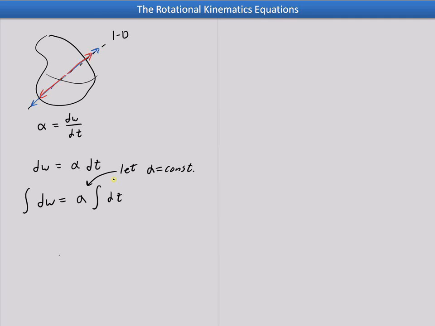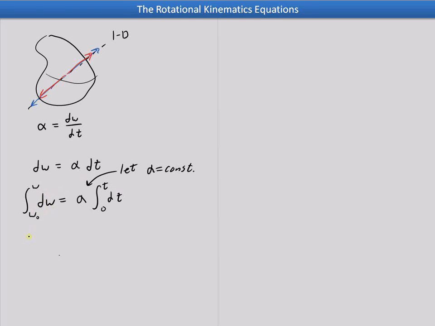I would rather do it with the limits. So we have time going from time equals 0 to time t, and then consistent with that we need to have the initial angular velocity, that's the angular velocity at time 0, and then the angular velocity at time t, which we'll just call omega. So with limits, we don't have to worry about an unknown constant. We can just directly evaluate this.